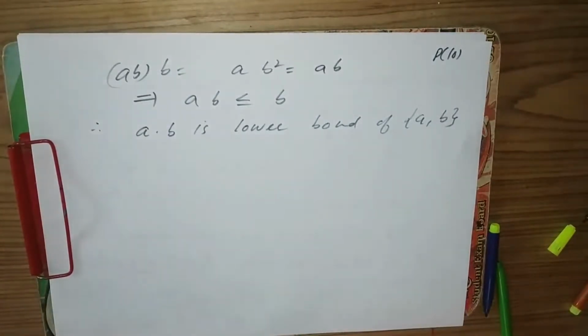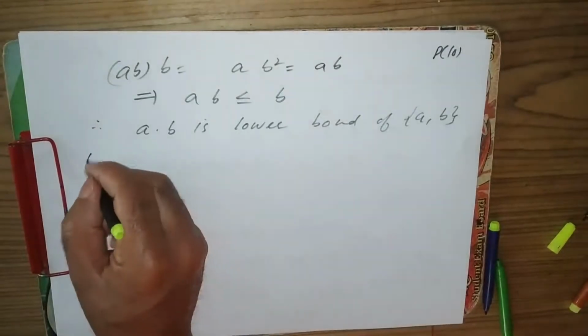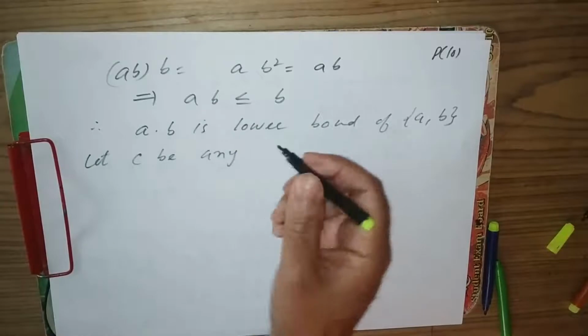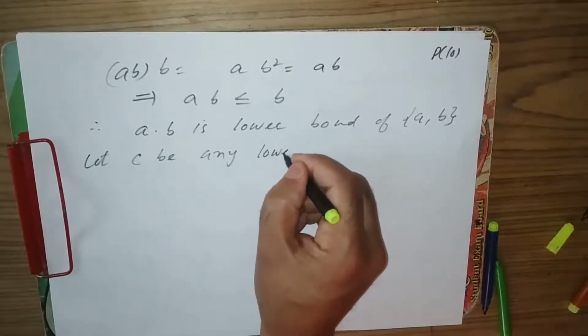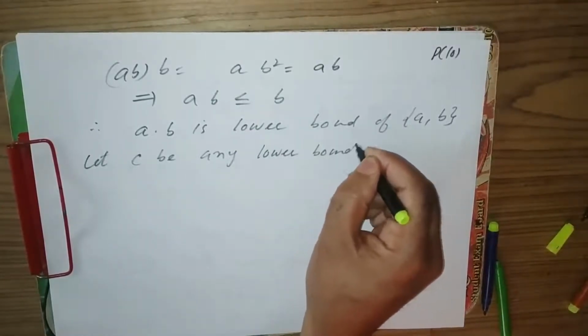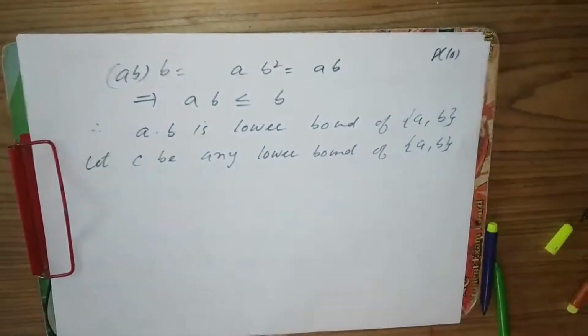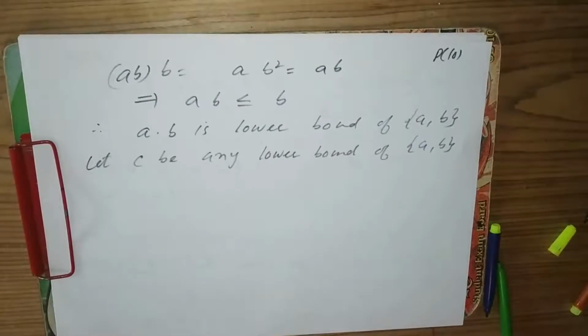So for this we choose any lower bound of AB. Let C be any lower bound of AB.